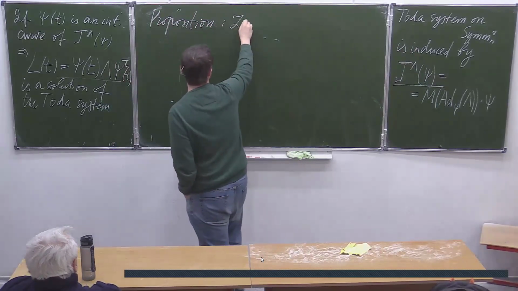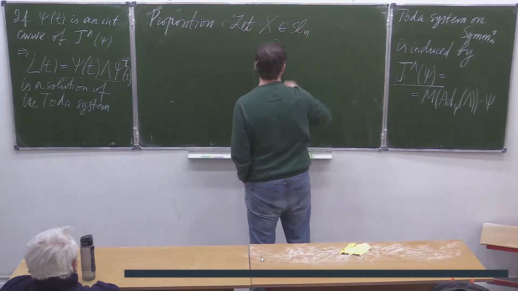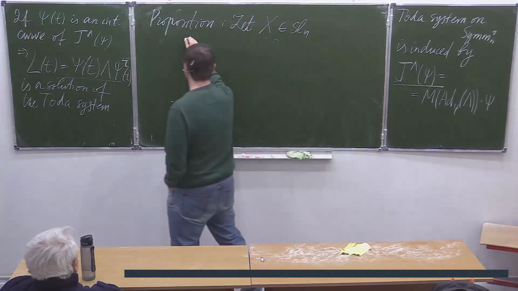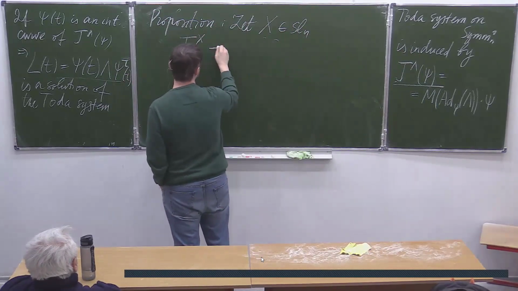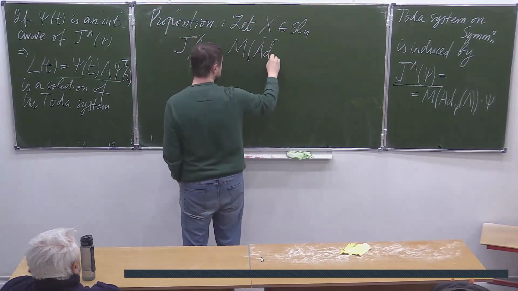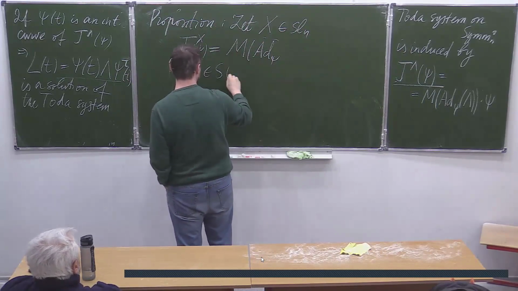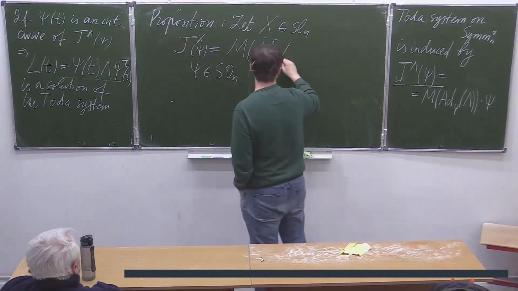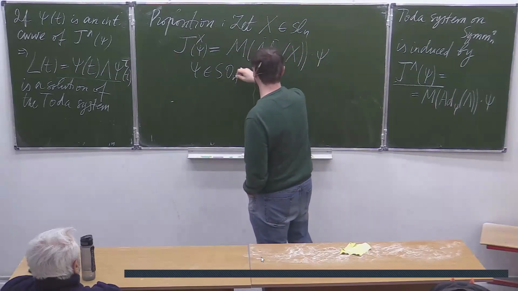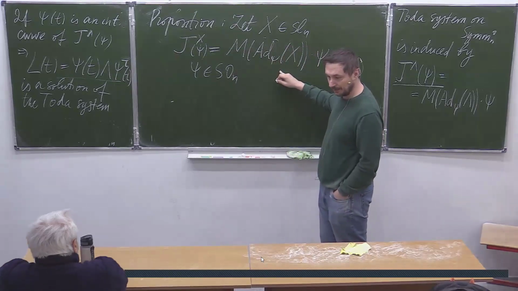Let X be any matrix in SLN. Consider the vector field Tx given by the same construction. I take the adjoint action of psi, where psi is an element in SON, apply it to X and take the projection onto skew-symmetric matrices along the space of upper triangular or lower triangular matrices.